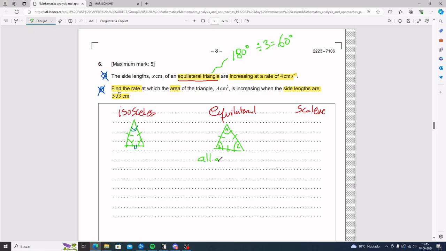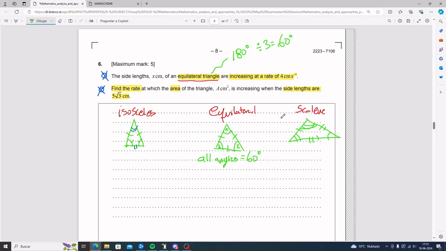And last but not least, the scalene is just this weird kind of thing which has 3 different sides and therefore 3 different angles. So the scalene is just all over the place.